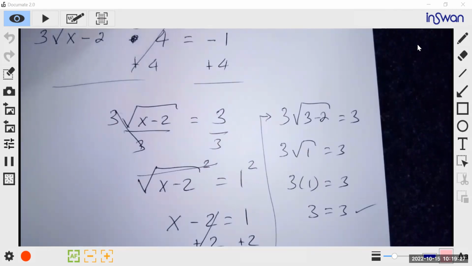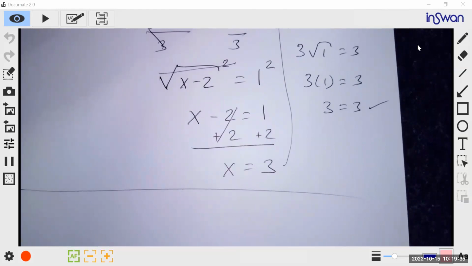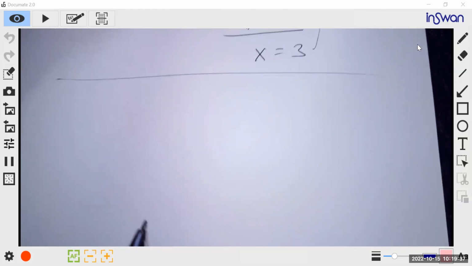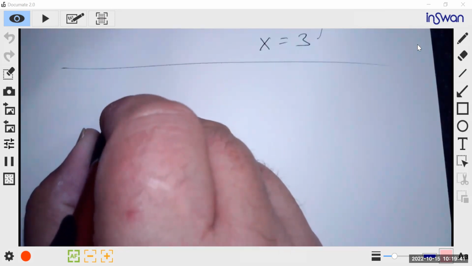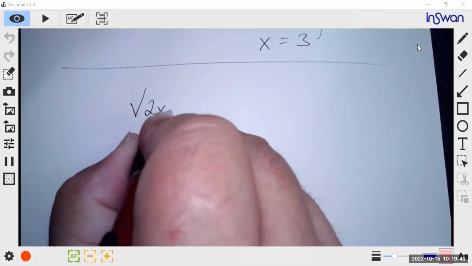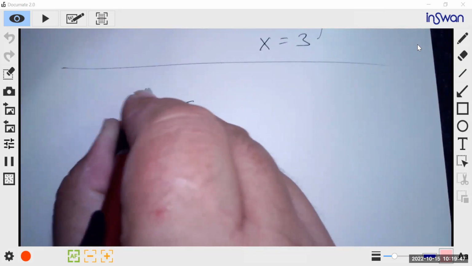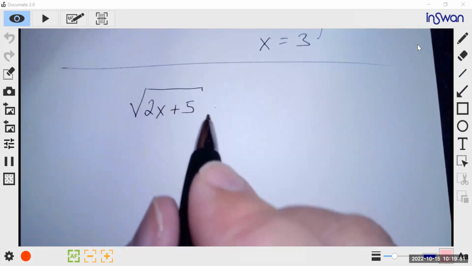Oh, yeah, you're right. I didn't go all the way up there. So this part would have been 3. 3 minus 4 is negative 1. I stopped because I had it covered with my hand. If it's what?